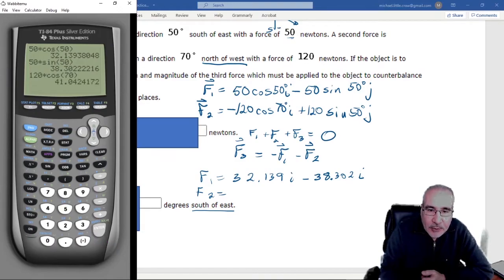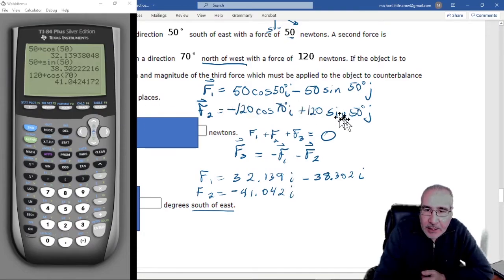So that force 2, and again, it starts making more sense here as we see this is minus 41.042i. And in the j component, we have 120 times the sine of 50.